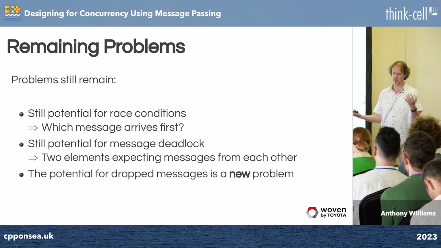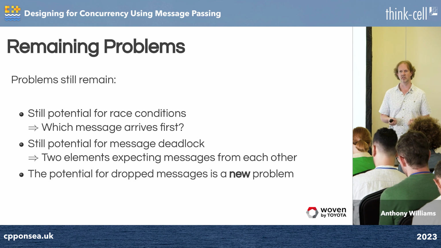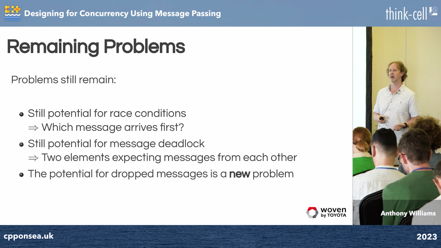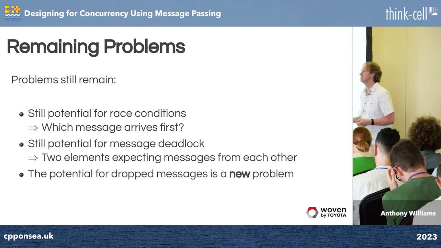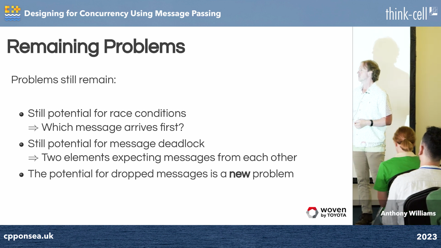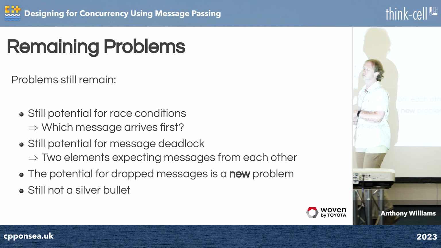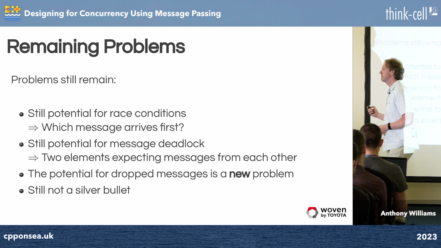If you've got things running on two separate processors with a connection between, what happens if that connection dies? That's a very real thing that you have to think about. So yeah, it's still not a silver bullet.